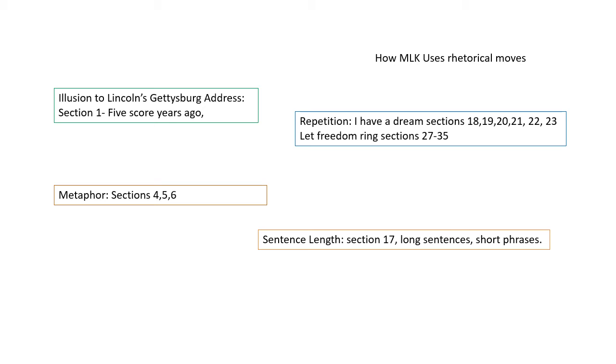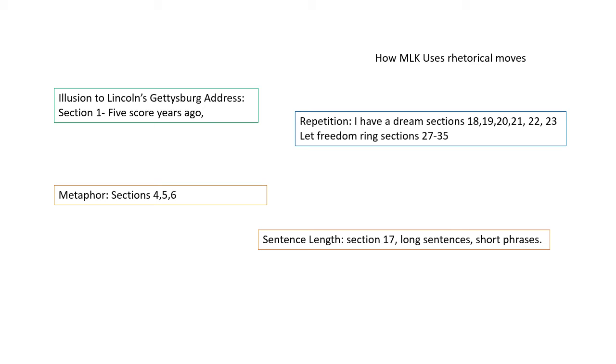And then sentence length. One of the things I really noticed in section 17, which is basically only 2 sentences, that whole section, is that he gives us long sentences, and some of that was probably deliberate because he knew that the speech was not only going to be heard, but it was also going to be printed and passed around, and it needed to be clean in terms of how people would read it.